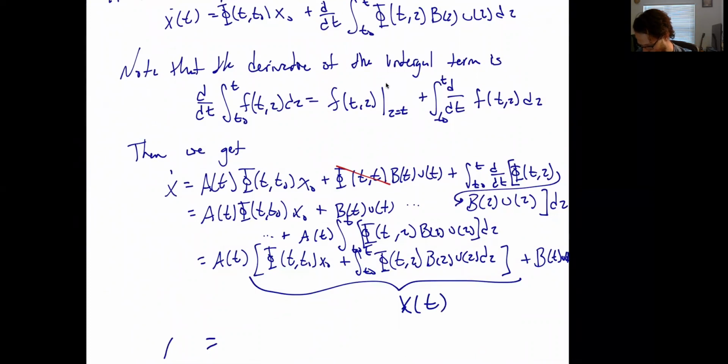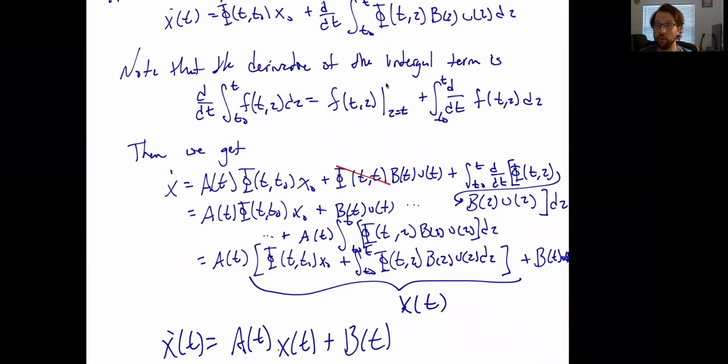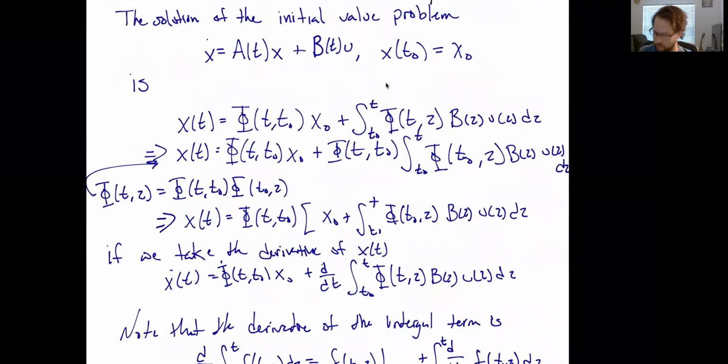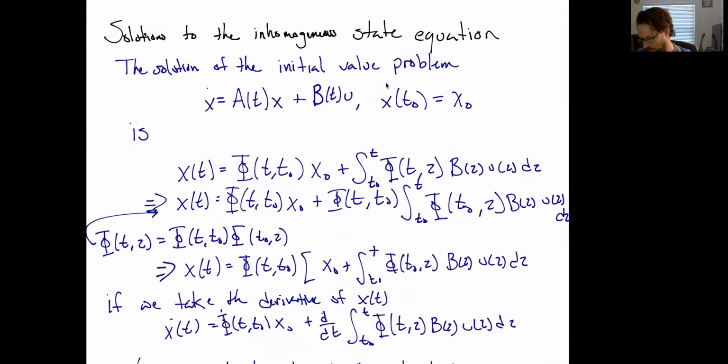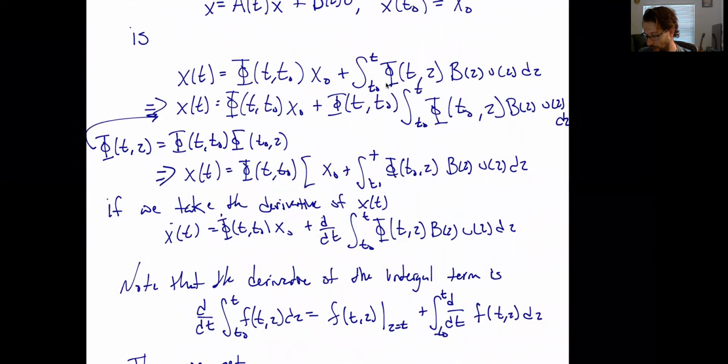At the end, we get that x dot of t is equal to a of t, x of t, plus b of t, u of t. Great. This means we can easily find the evolution of our system if we have the state transition matrix. If we have a and b, and we can find phi through various means, then we can go ahead and solve.